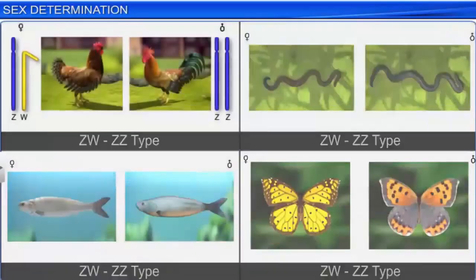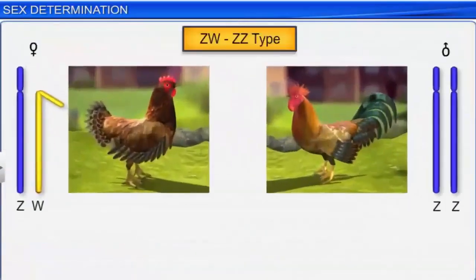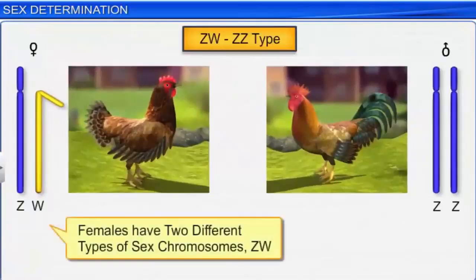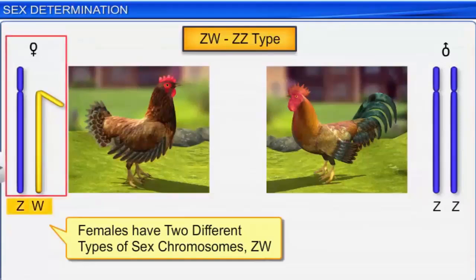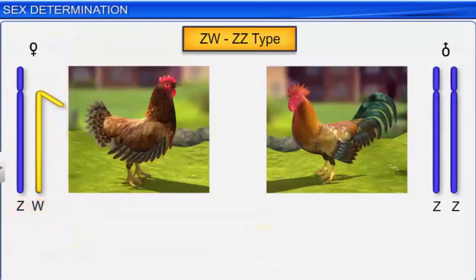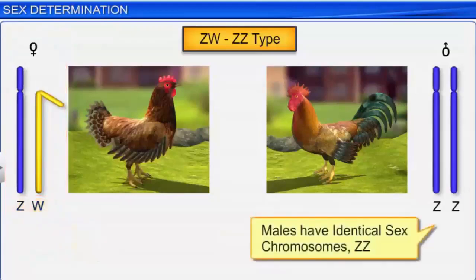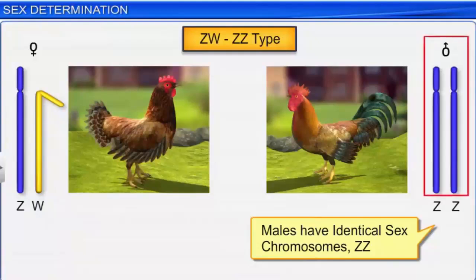In this type of sex determination, females have two different types of sex chromosomes designated as ZW, apart from the autosomes. Males, on the other hand, have identical sex chromosomes designated as ZZ, apart from the autosomes.